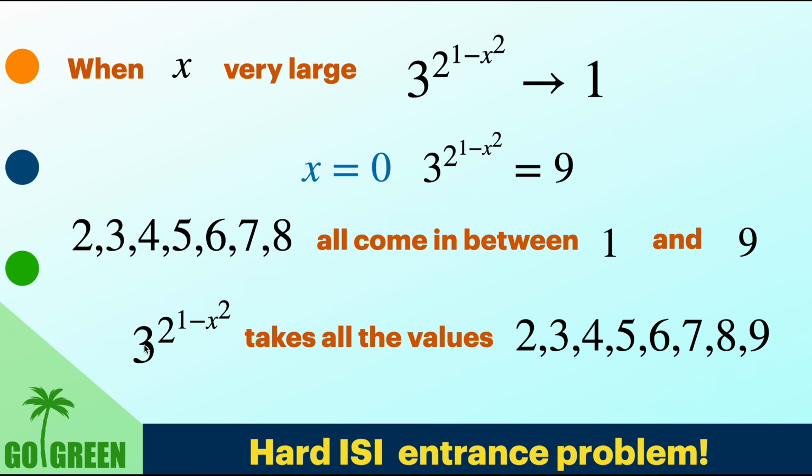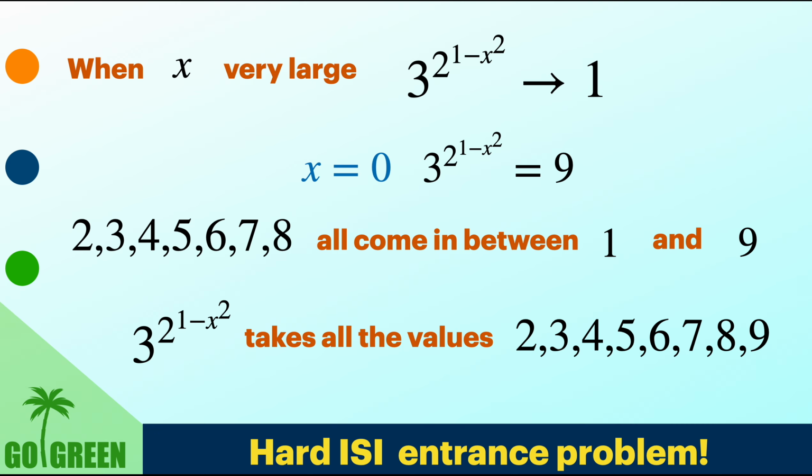Because this is continuous, takes the value 9 and takes values very close to 1, it takes all the values in between, which means 2, 3, 4, 5, 6, 7, 8, 9. All these values are taken. This is the power of the intermediate value theorem, which I will explain using a graph. Just hold on till then.